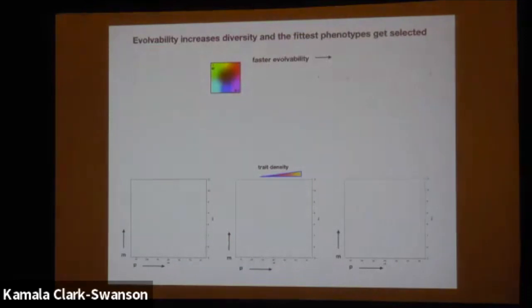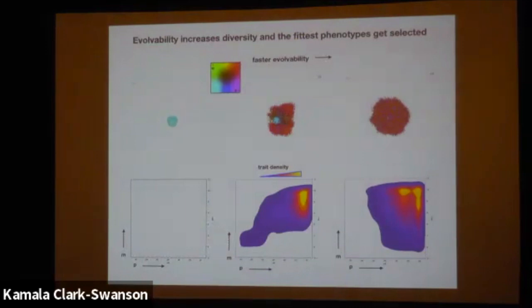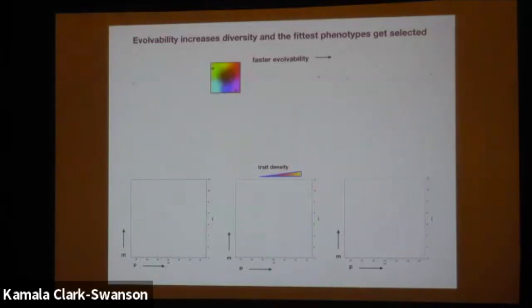So what I'm showing you here is 3 situations with evolvability increasing towards the right. Here I'm starting them all in this little lower corner with low migration and low proliferation. I'm just going to start that again because it's really fast.